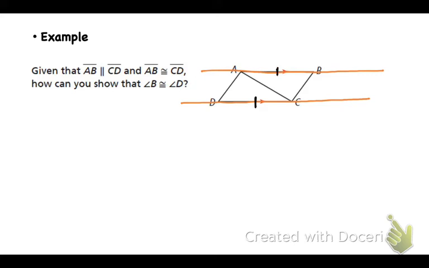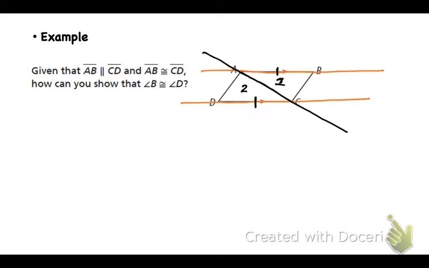Do you all see two triangles in there? Yep, you have a triangle 1 and a triangle 2. So we have two triangles. Is this a transversal of those two parallel lines? Yes. So I know that alternate interior angles are congruent. I know that same side interior angles are 180.